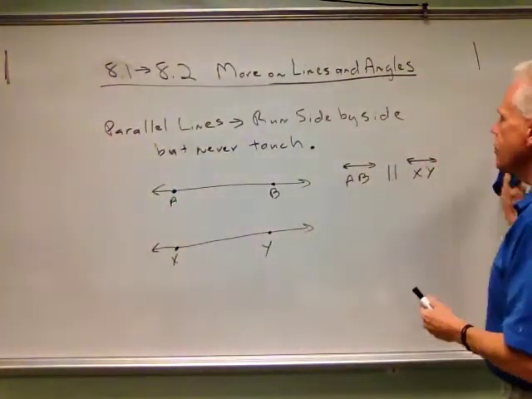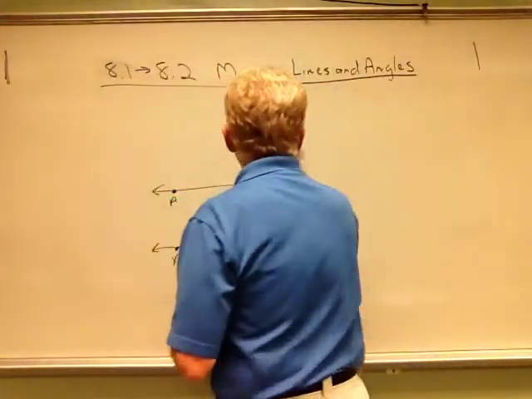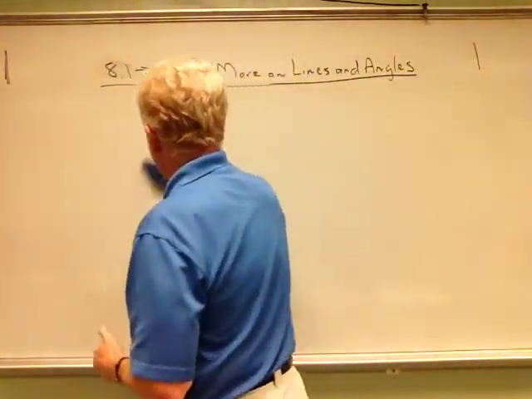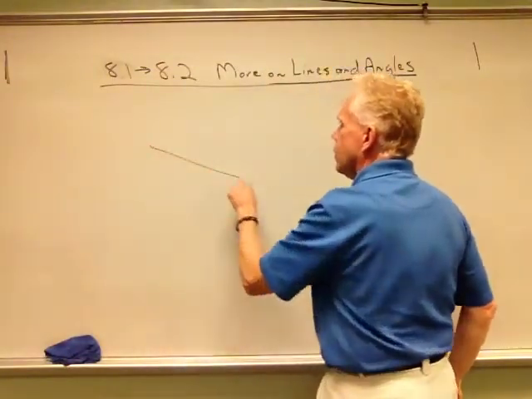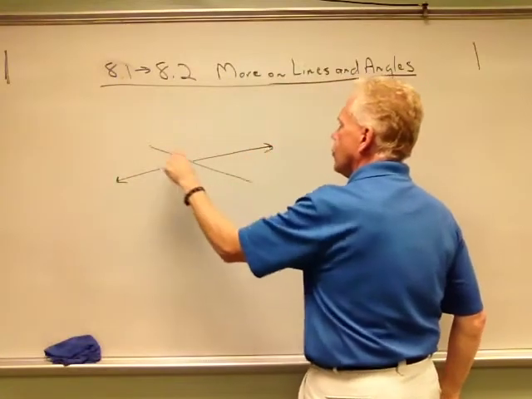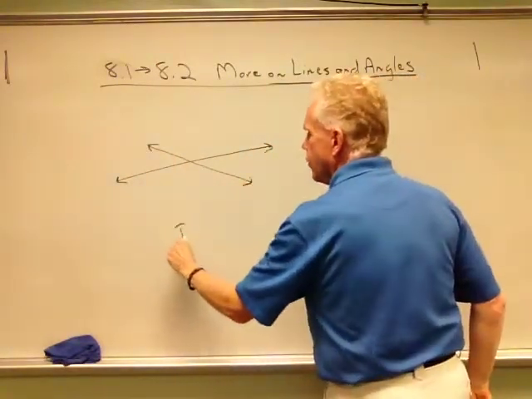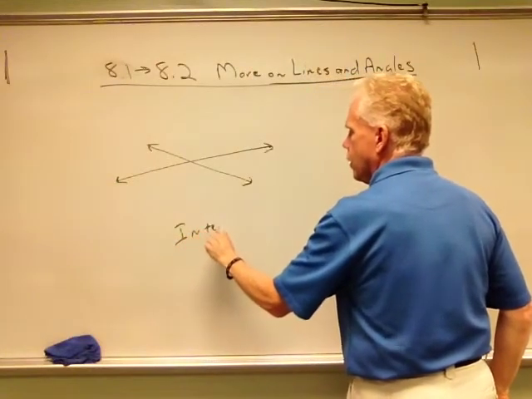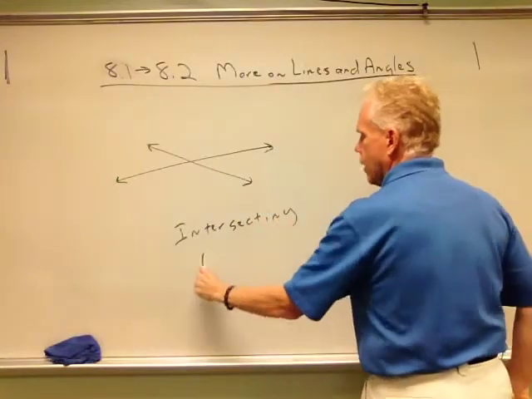Alright, so from there, let's go on and grab hold of this concept of what happens when lines do touch. If lines do touch and actually cross one another, these would be called intersecting lines.